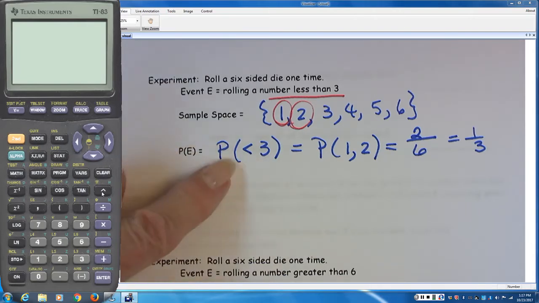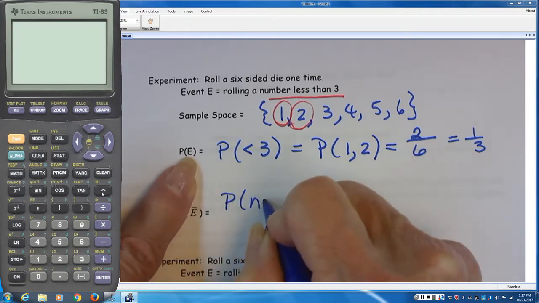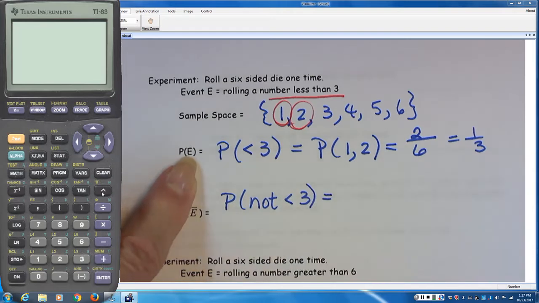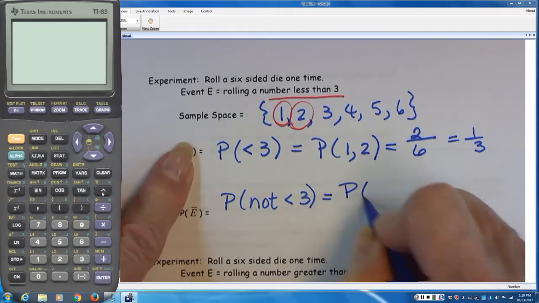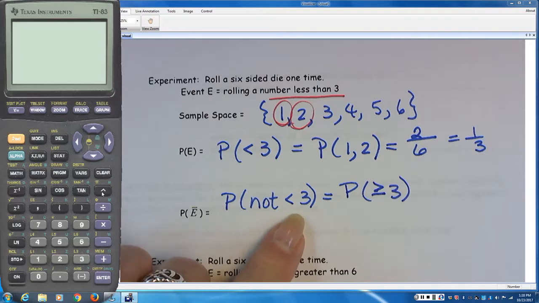So, what's the probability of not rolling less than 3? Which would be the same as the probability of equal to or greater than 3, because 3 is not less than 3, but it is itself, it's on the complement.